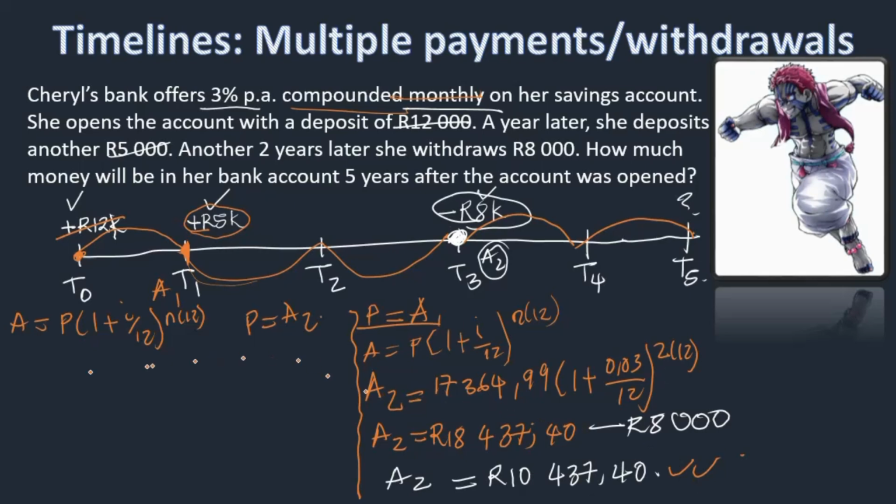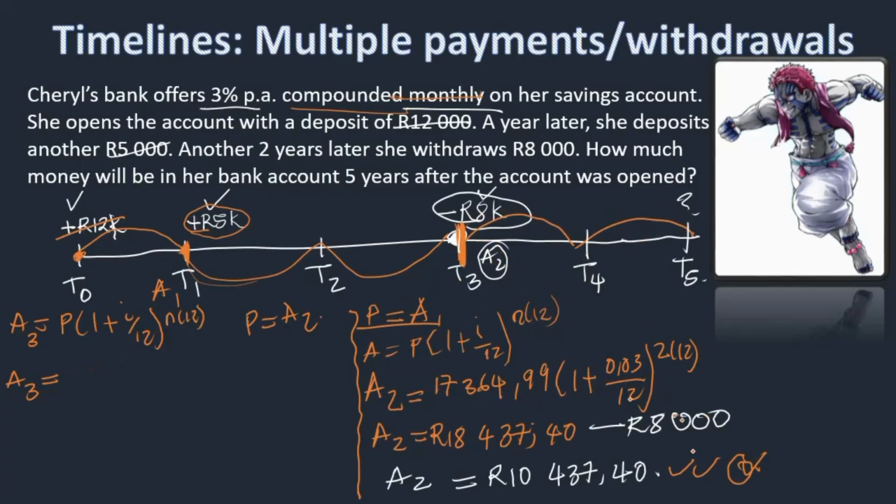Are we good? So substitutions. I'm looking for A3 now, my final accumulated amount, which means I'm calculating from here, in which here I have A2, that's the amount I have now. I'm calculating this A2 for the remaining 2 years.